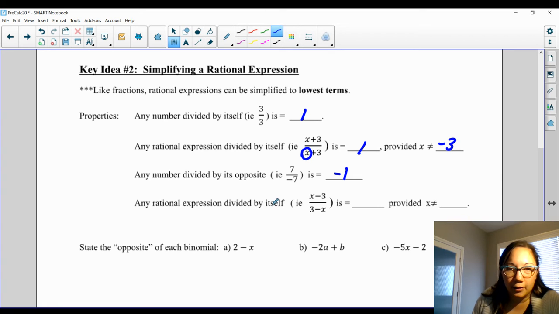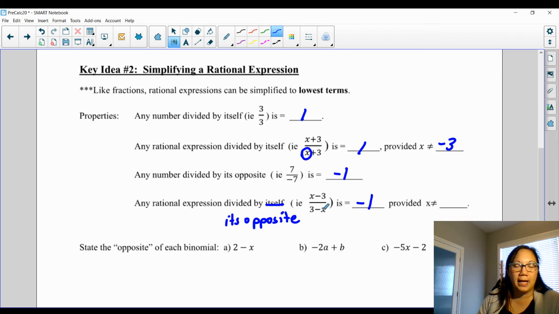Those are considered opposites. And this is a typo. It should say its opposite. So any rational expression divided by its opposite is -1. In this particular scenario, what's the restriction on x? 3 minus what would give us a 0? And so here the restriction is +3.